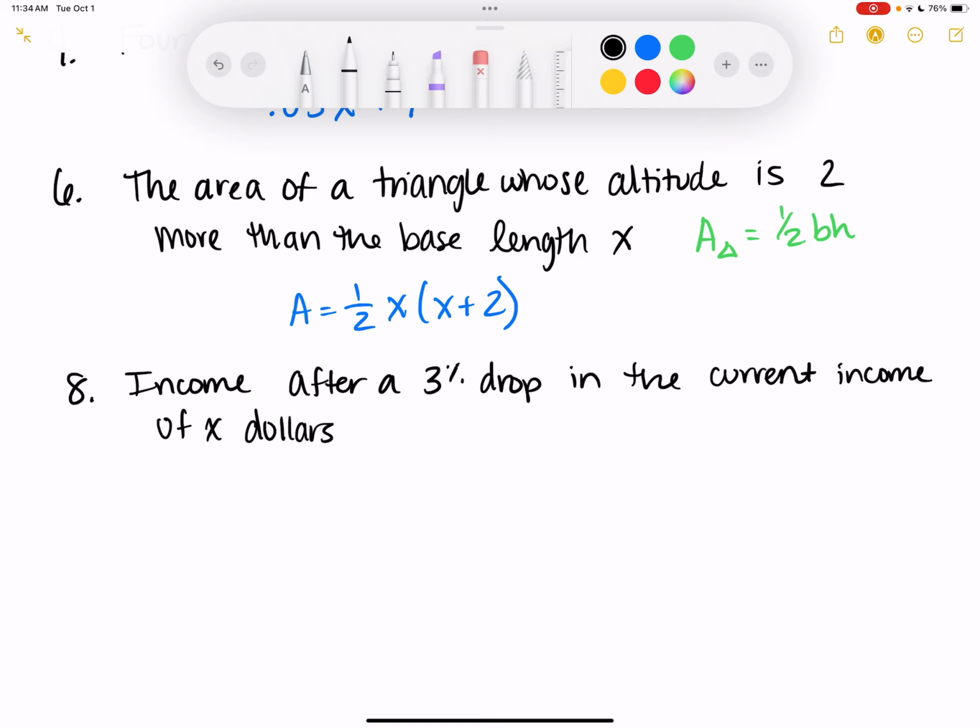So basically this one is saying, what would the income be if there has been a 3% drop? 0.97x. Yep. Because the amount that we actually have is 0.97. There was a 3% drop, so you have to do 1 minus 0.03.